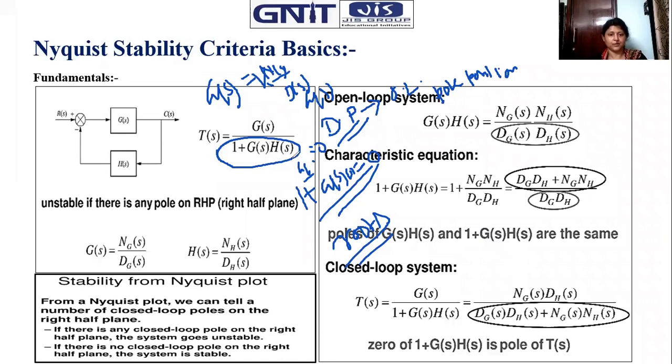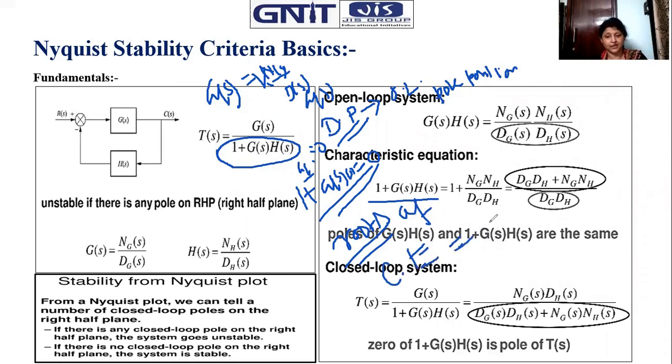So what is the modification actually? The G(s)H(s) term has a numerator polynomial as well as a denominator polynomial, right? In the case of G(s), the denominator polynomial basically represents the open loop pole positions. So from the denominator polynomial of G(s), we get the open loop pole positions, right?